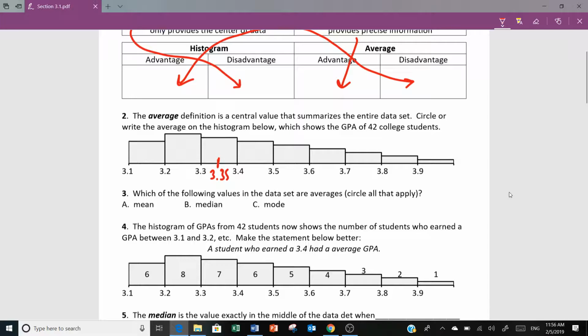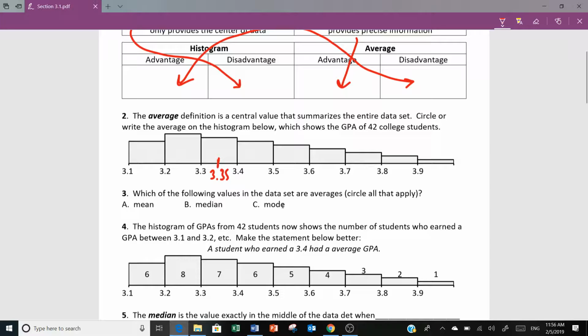Okay, so based off of number 1 and number 2, go ahead and circle which of these are averages. I decided we're not going to use Poll Everywhere for this one, so just go ahead and circle, because Poll Everywhere only lets you do 2 answers. It doesn't let you do 3.